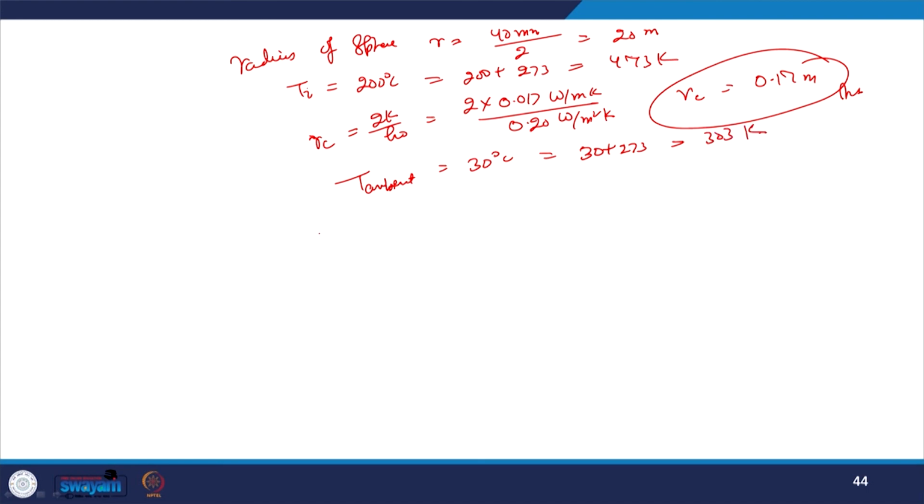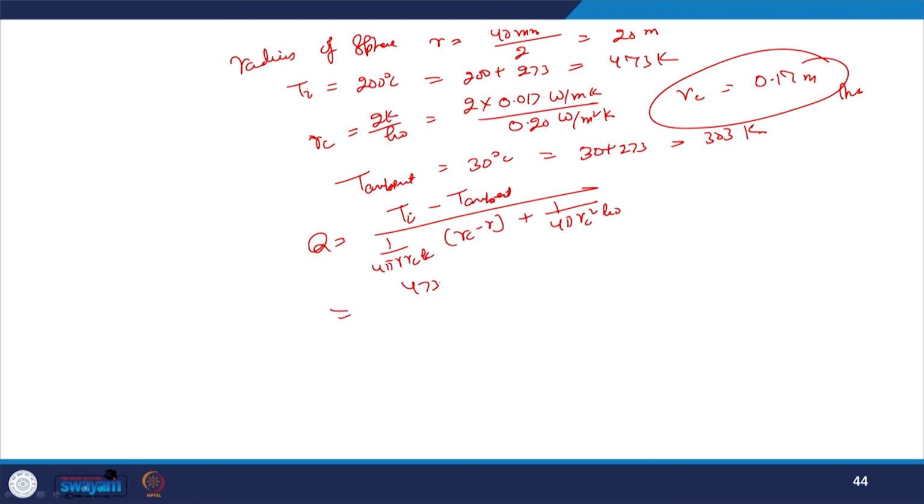So the rate of heat transfer in a sphere with insulation, Q is equal to (Ti − T ambient) over [1/(4πR Rc K) into (Rc − R) plus 1/(4π Rc² h0)].